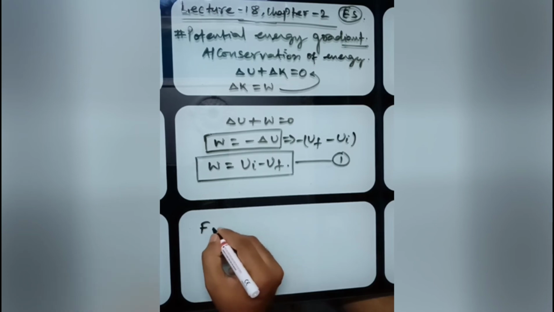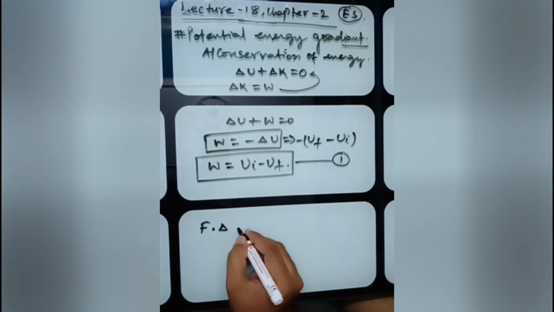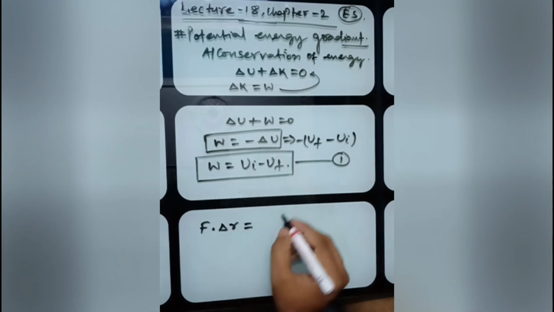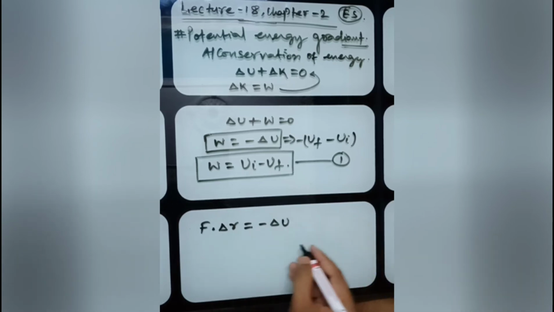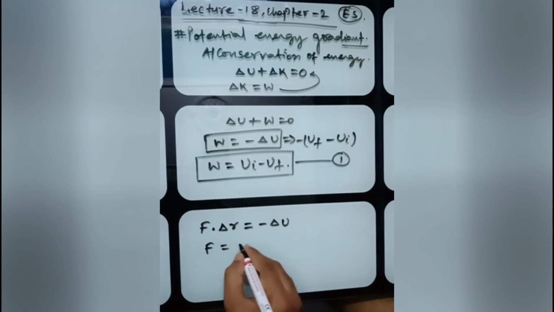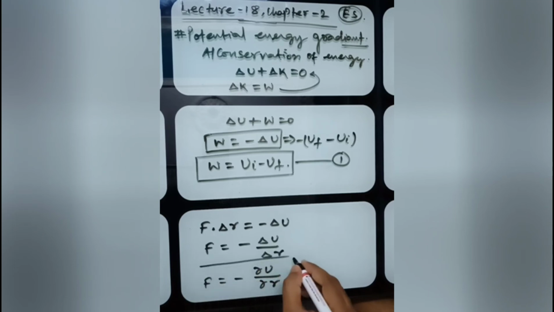For a very elemental distance, F dot dr equals minus dU. This F can be written as minus del u by del r, where this is the partial operator.